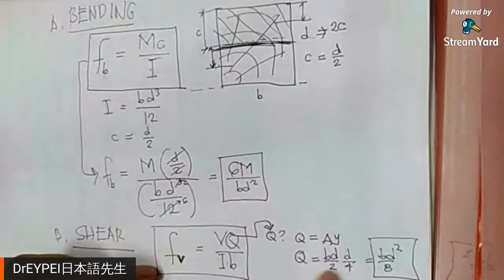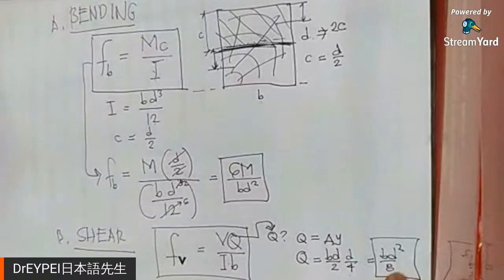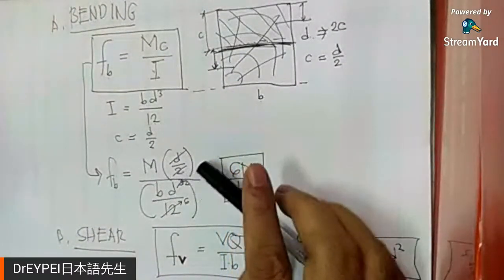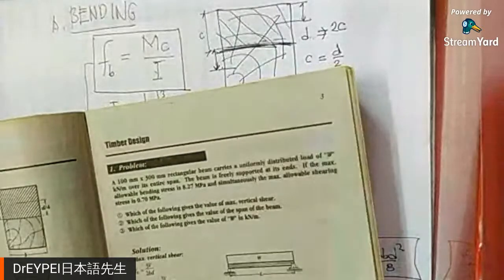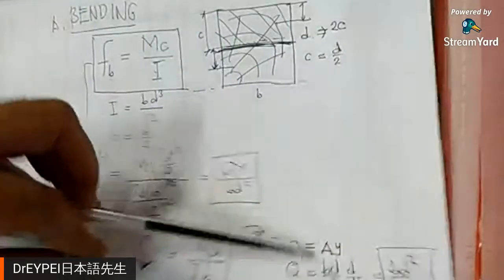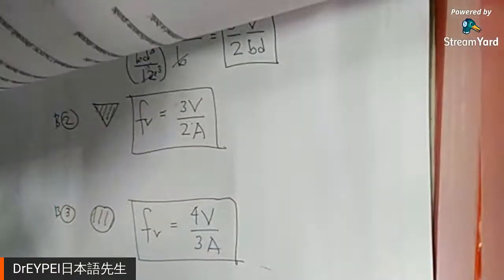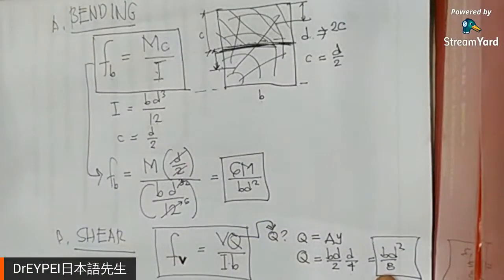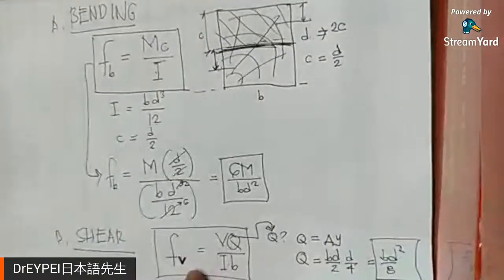Pinakita ko yata dito, rectangle, yan o. 8, hindi 2. Tingnan natin ang formula niya. Okay nga, ganun nga. So, ito yung tamang formula.